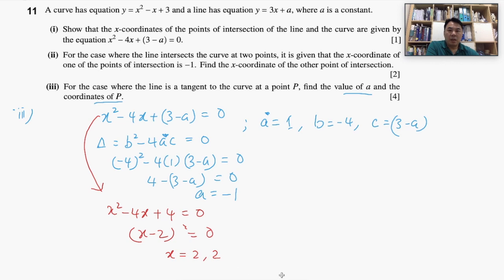So for the coordinates of P, when x is equal to 2, then y must be equal to 5. Let me check whether I got that correct. Yes, correct. Therefore, I can conclude that P has coordinates of (2, 5). I hope that is clear.